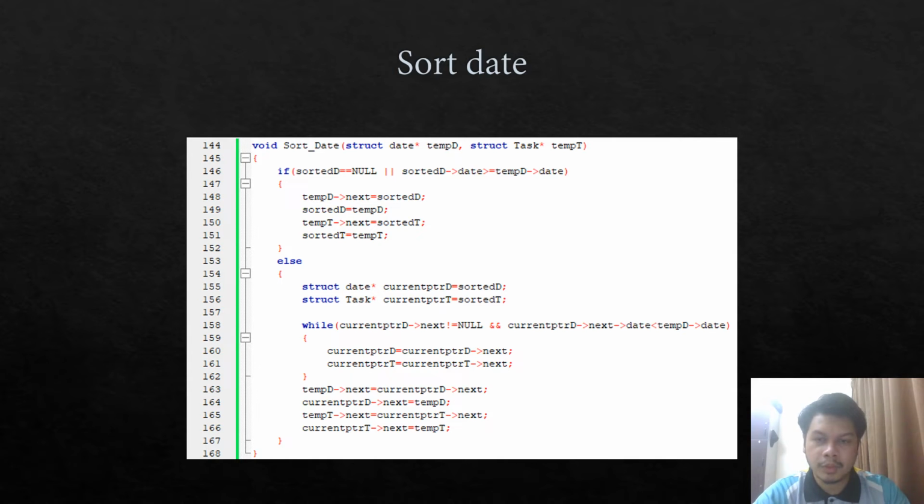The while loop below is for the value that is in order. If the values are in order, as you can see, current pointer d is equal to current pointer d next, and current pointer t is equal to current pointer t next. So it will move on accordingly, following the correct order.